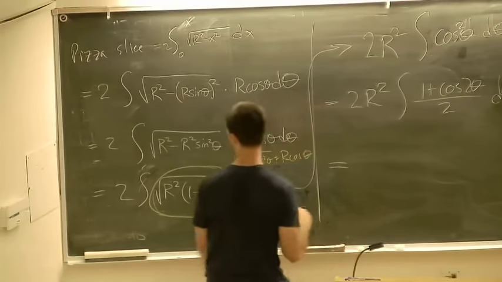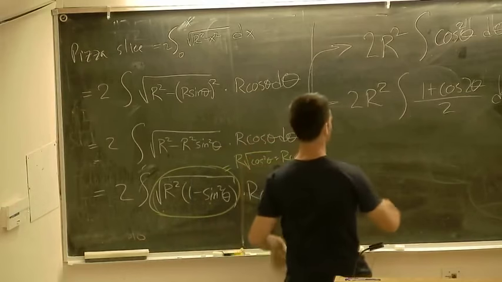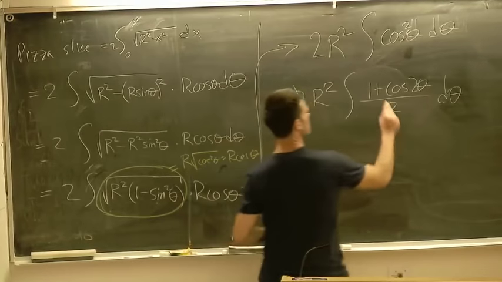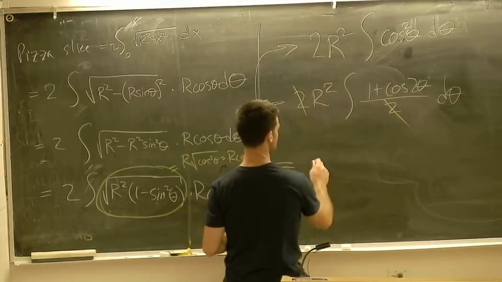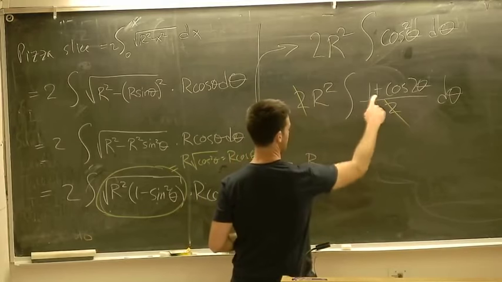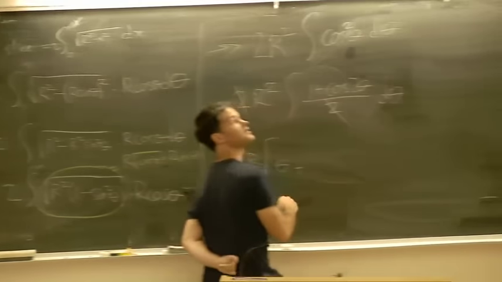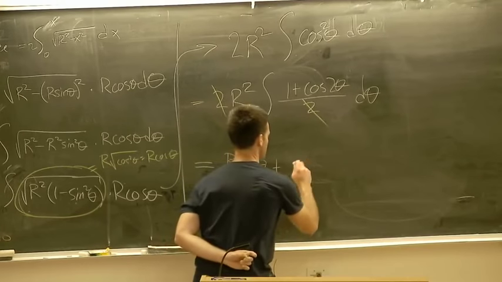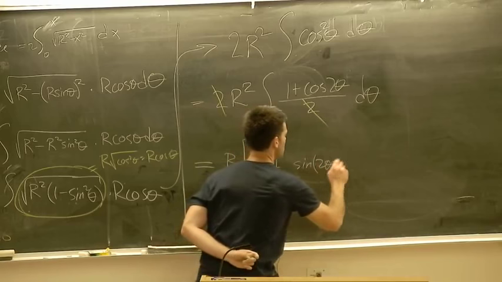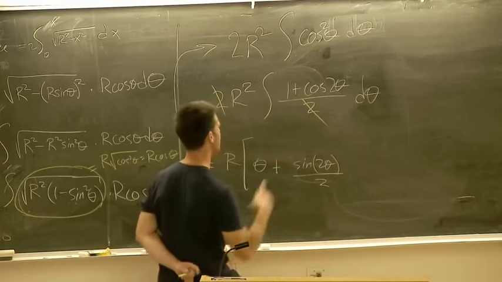Okay, all right, well, we'll see what this comes out to be. Let's see, the 2's cancel. So this is r squared times theta, plus the integral of cosine 2 theta, which is sine 2 theta over 2. Okay, I think this is fine.